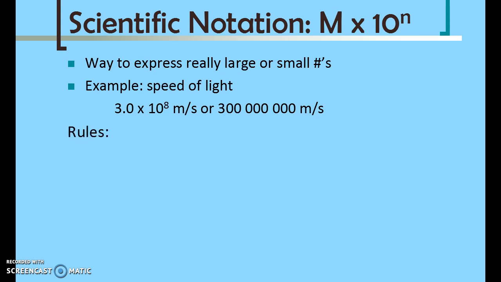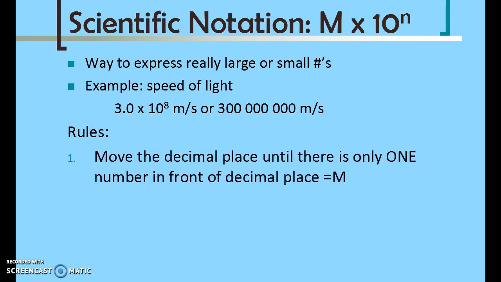So there are some rules for writing scientific notation correctly, and the first is you're going to simply move the decimal place until there's only a single number in front of the decimal place. Refer back to the example for speed of light. There's only one number in front of the decimal place, and that is a 3.